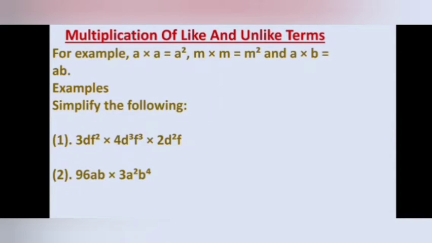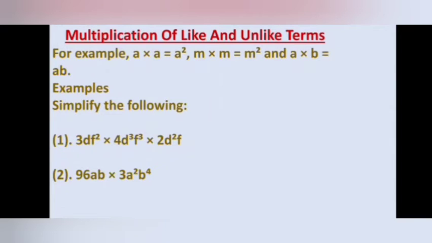Now, before we take some examples, we could have a times a, which is equal to a squared. You can actually multiply like and unlike terms, but you cannot add or subtract like and unlike terms. So a times a is a squared. You have m times m, m squared, and a times b is ab.